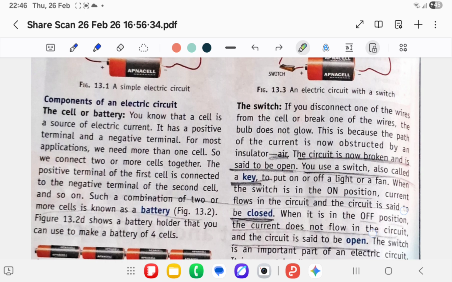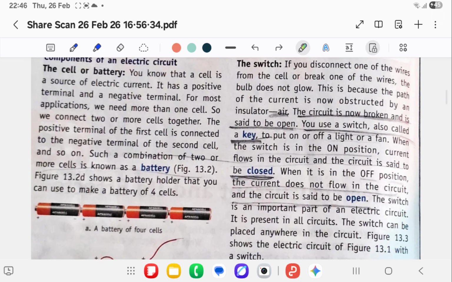Okay, so now how is it working? When the switch is off, your circuit is open. Open means like this. If you see a simple circuit, I say this is a circuit.